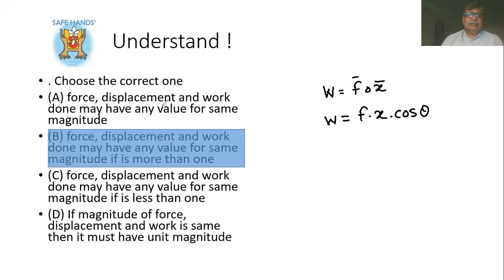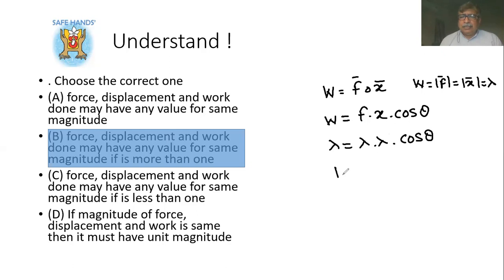What is told to me is that they are having the same magnitude. Let me say that the magnitude of work is equal to the magnitude of force is equal to the magnitude of displacement. Let me assume it to be equal to something, say lambda. It has nothing to do with the wavelength. Now, if I substitute the value, I will have lambda is equal to lambda into lambda cos theta.